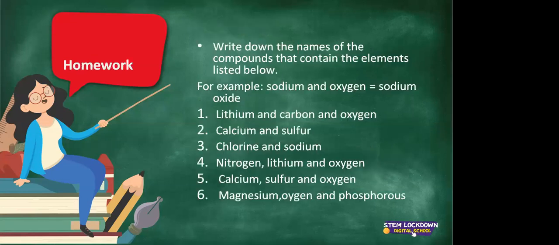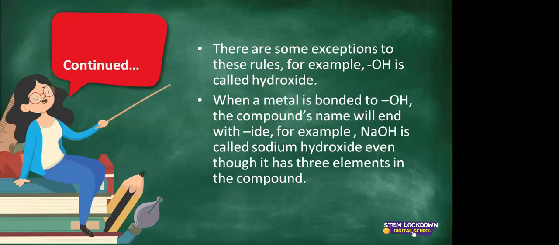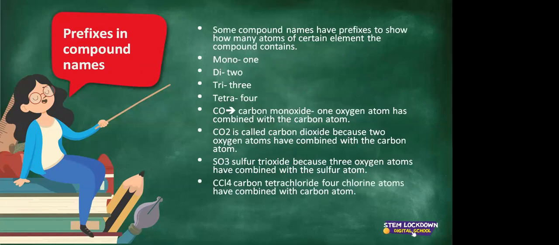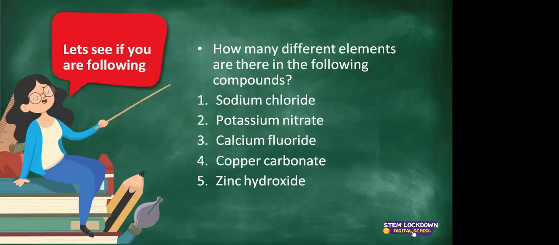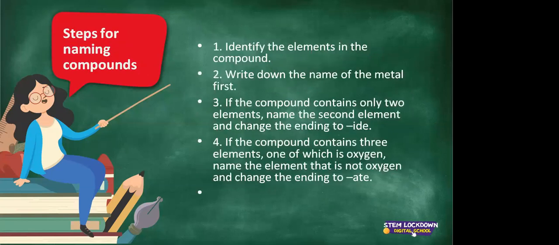Remember that I gave you steps. There are 4 steps in naming compounds. Let us look at the steps again, grade 9s. You identify the elements in the compound and write down the name of the metal first. So you already know where you can find your metals in the periodic table.